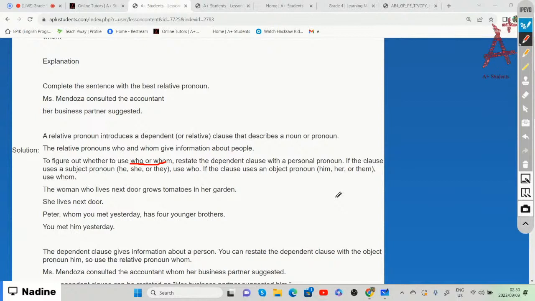You met him yesterday. He has four younger brothers. And even when we use who, it tells us about the lady that lives next door. So when it comes to who or whom, we need to restate the dependent clause with the personal pronoun.